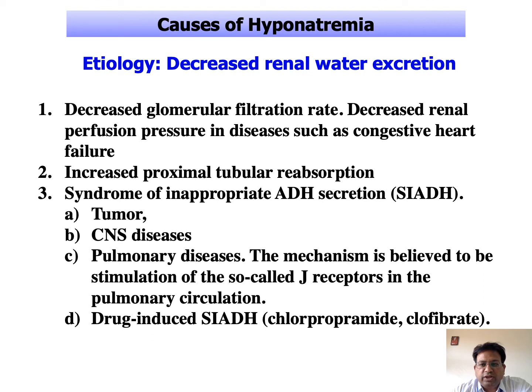Now, there can be decreased GFR, which can be due to decreased renal perfusion pressure in diseases like congestive heart failure. Next, it can be due to increased proximal tubular reabsorption due to various causes, or it may be due to various causes of syndrome of inappropriate ADH secretion, which is actually increased ADH secretion due to one of the underlying causes like any tumor, CNS diseases, pulmonary disease, for example.